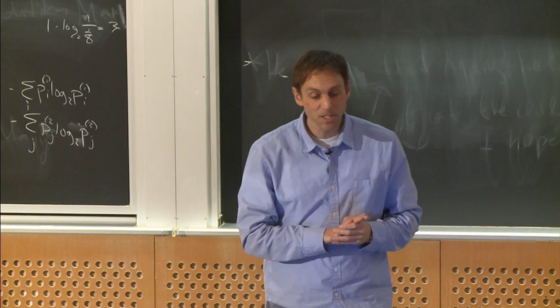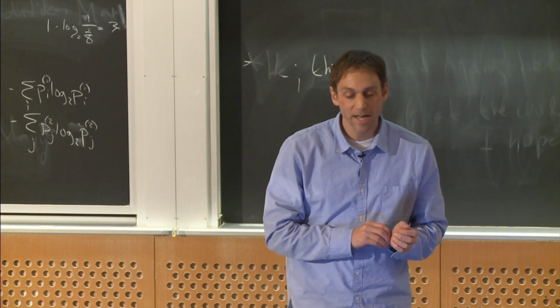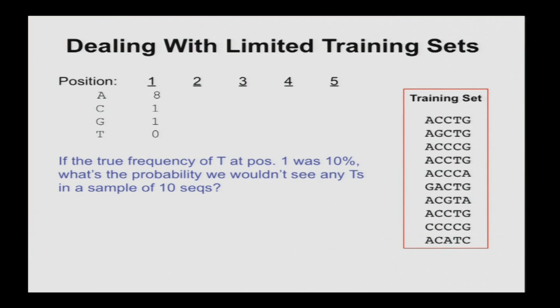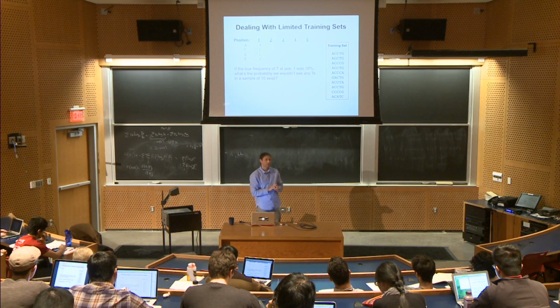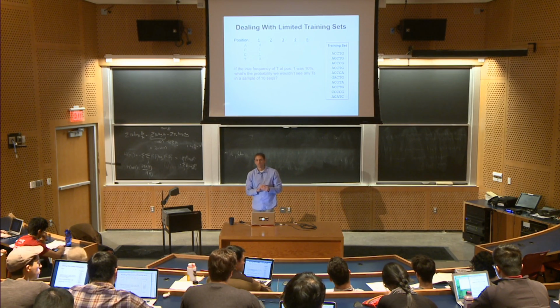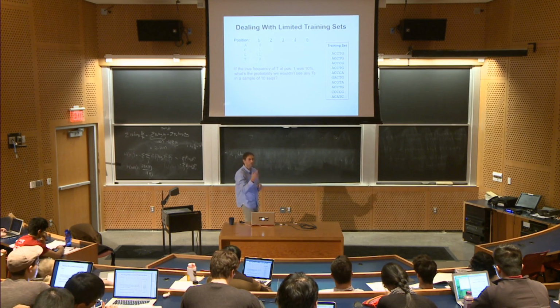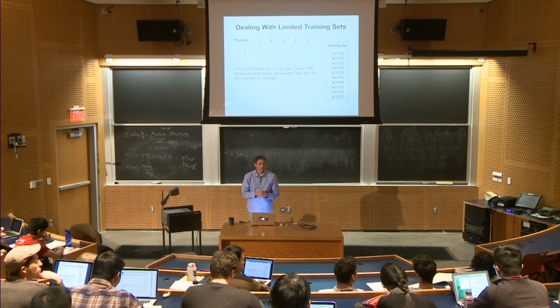So suppose that T occurs at a frequency of 10%. What's the probability, in natural sequences, when we just have a random sample of those, that we wouldn't see any T's in a sample of size 10? Anyone have a ballpark number on this? 0.9 to the 10th.